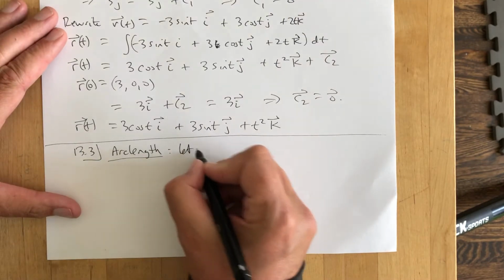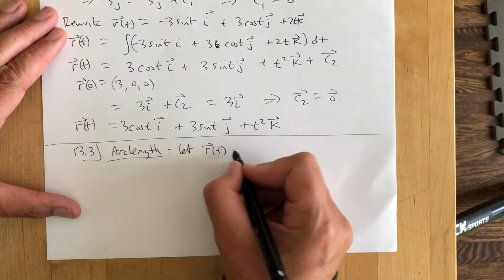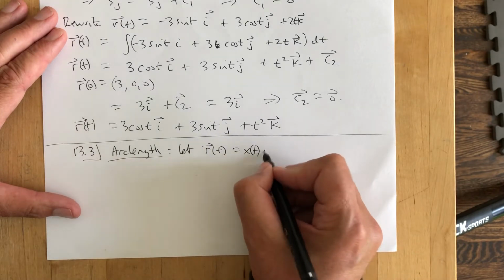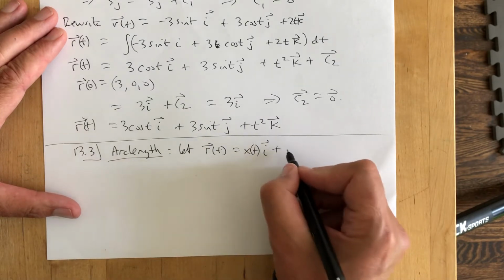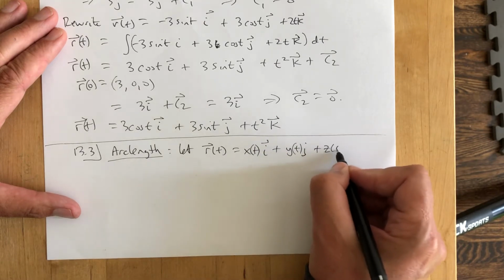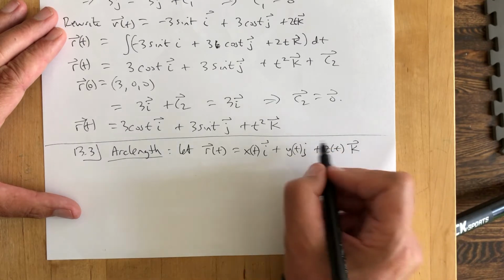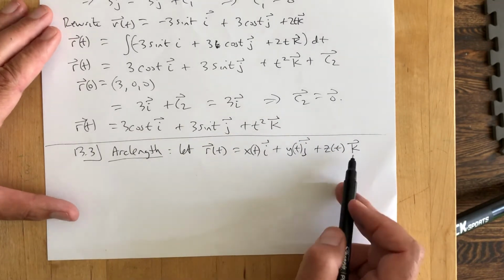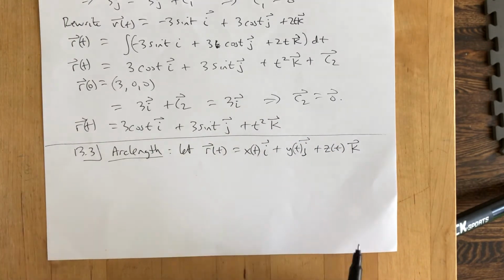So let's go back to the function, which has components x, y, and z. Right, so x, y, and z are the component functions of this function r.